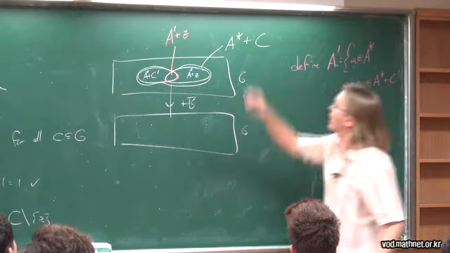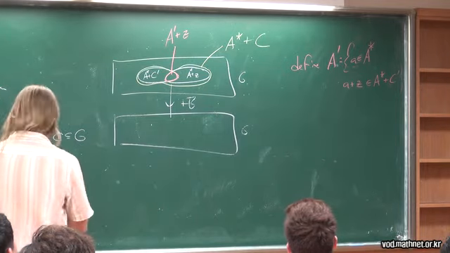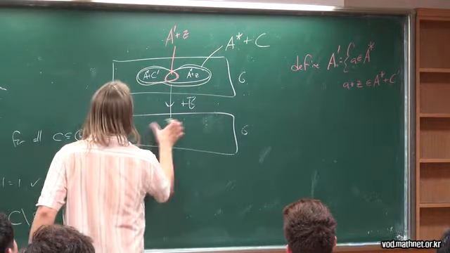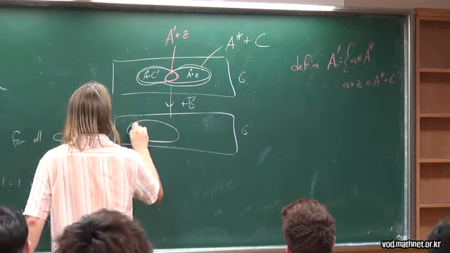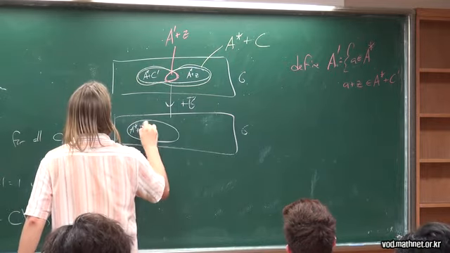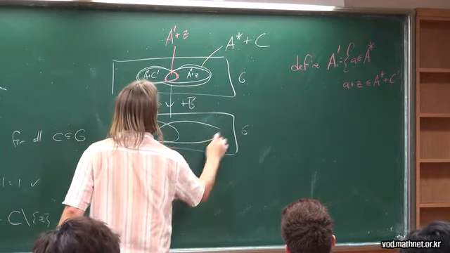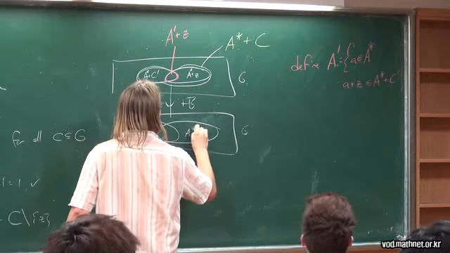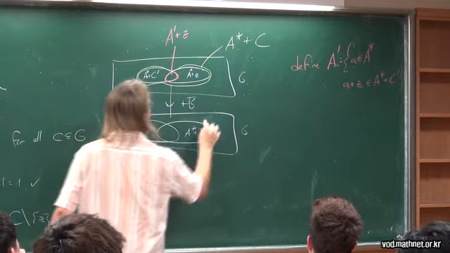So that little set is A prime plus Z. So let's draw some things downstairs. Downstairs, this set will join down to A star plus B plus C prime. This set will join downstairs to A star plus B plus Z.